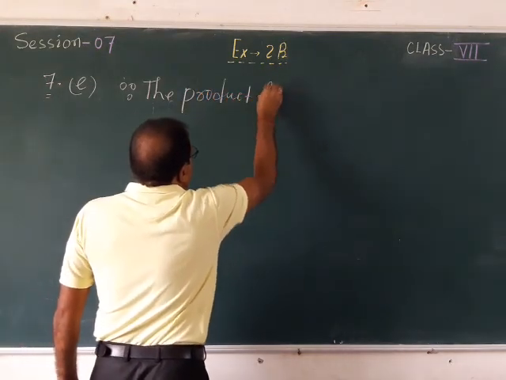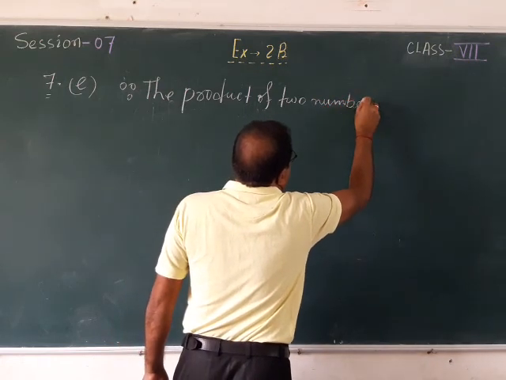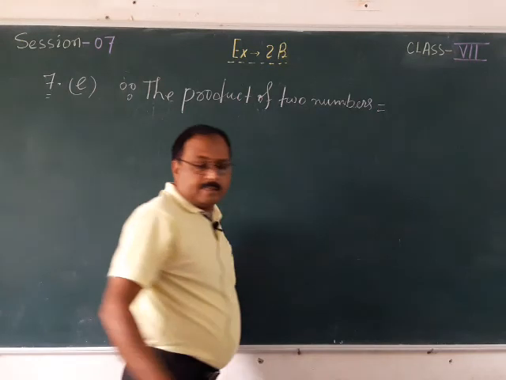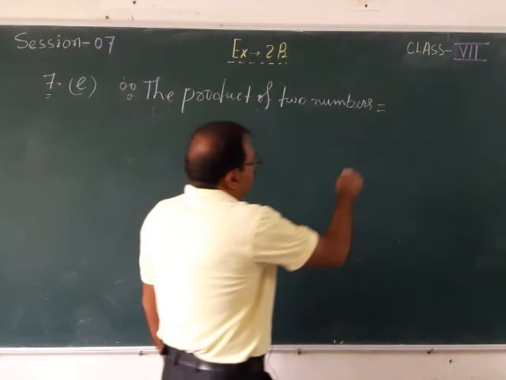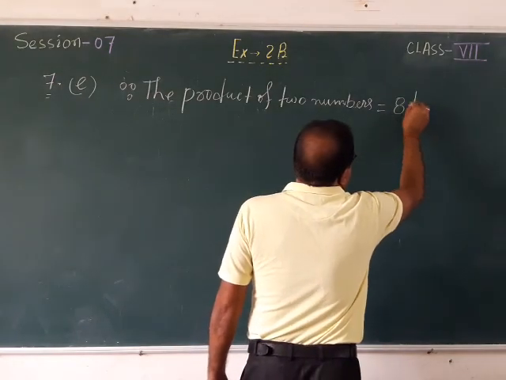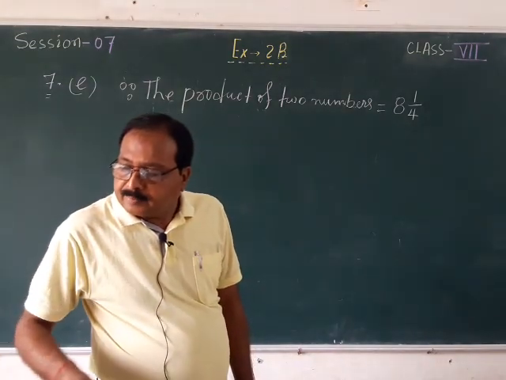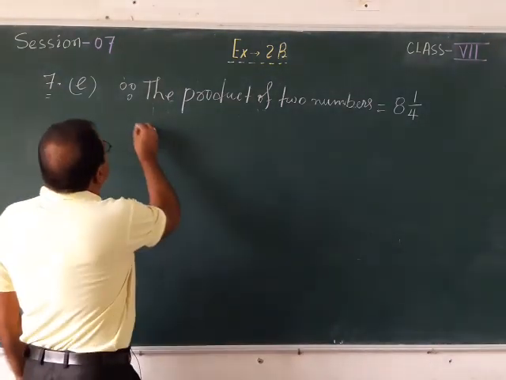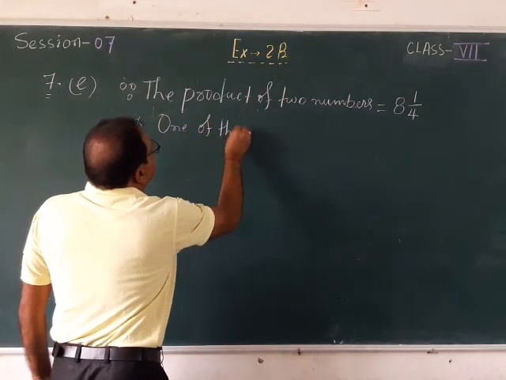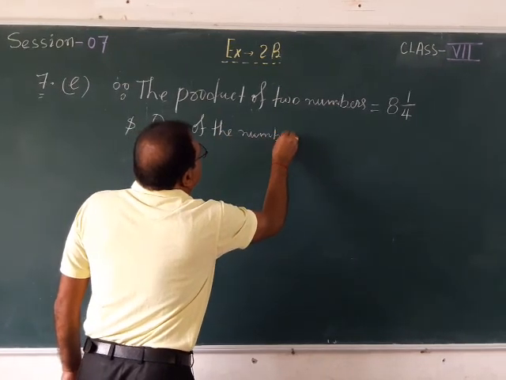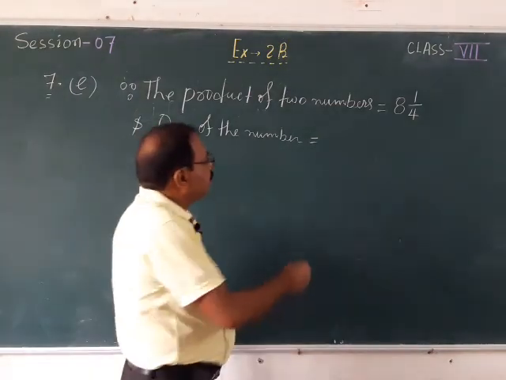The product of two numbers is given, 8 whole and 1 by 4. And one of the numbers is also given, that is 2 whole and 3 by 4.